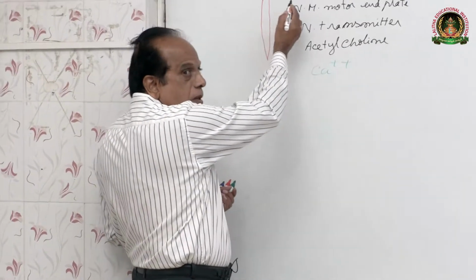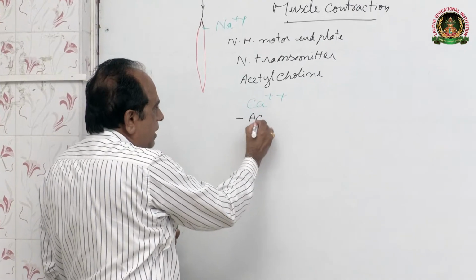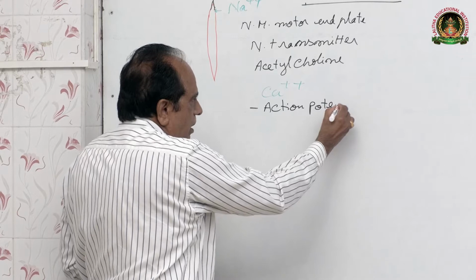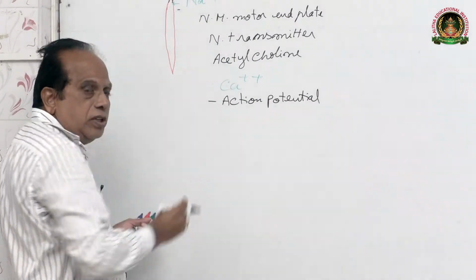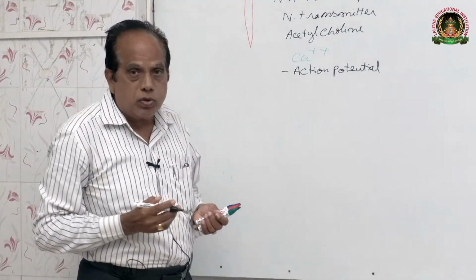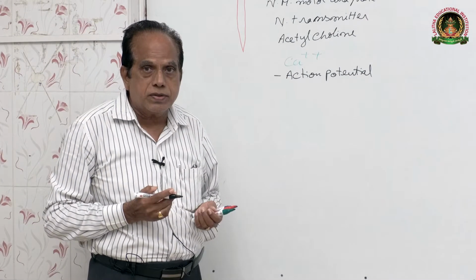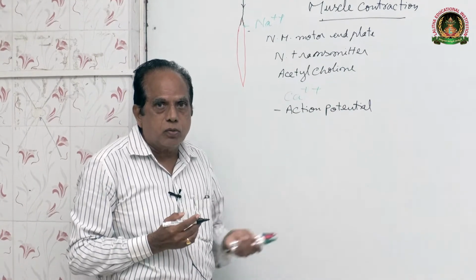Whenever the sodium ions are pumped inside, an action potential is generated because of the depolarization. On the outer surface of the sarcolemma, depolarization is developed due to pumping of the sodium ions. As a result, calcium ions are released from the sarcoplasmic reticulum.